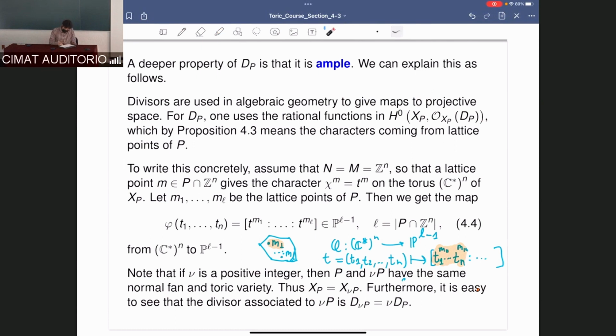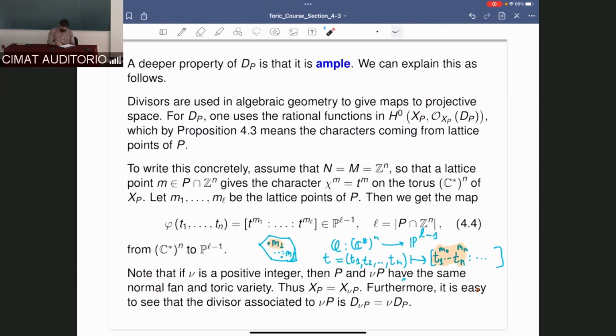Now some observations about that map that we defined over there. If you take nu, a positive integer, and you scale your polytope, as we said before, the normal fan stays the same, the toric variety stays the same. But the associated divisor got scaled, because when you scale it, those a_F's got scaled by the same number.